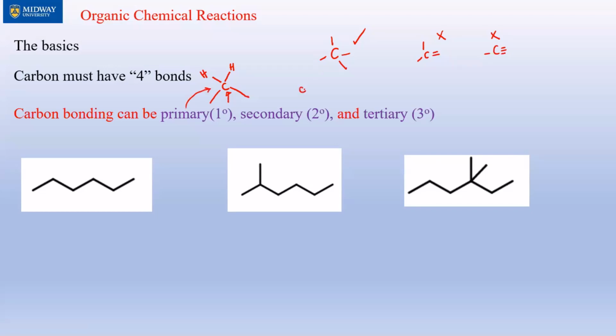If a carbon contains only 1 hydrogen, and the remaining 3 could be anything, then that's a secondary carbon. The idea of hydrogen is the key. If a carbon contains 4 bonds and none of them are hydrogens, then that's a tertiary carbon.